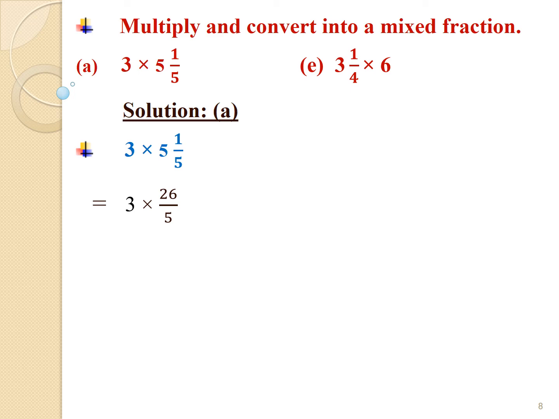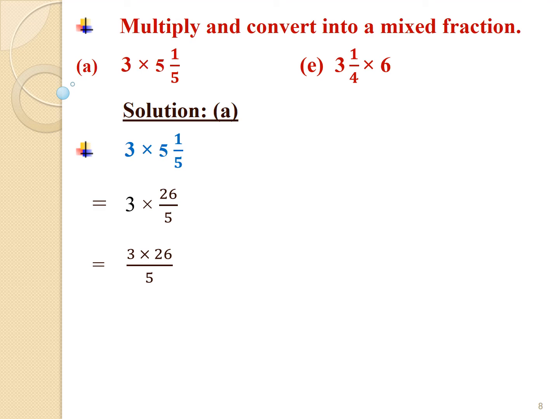Students, now we have to multiply the whole number by the numerator and keep the denominator same. Thus, multiplying whole number 3 by numerator 26 and keeping the denominator 5 same, we get 3 into 26 upon 5.